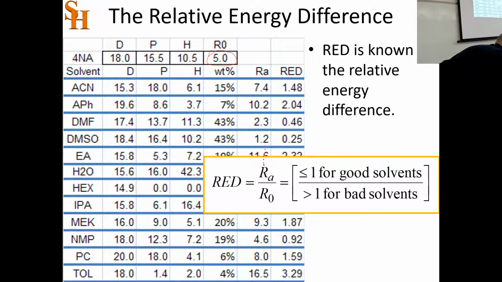But if you have a solvent that's inside the sphere, RA will be less than R0 and you have less than 1. So our little radius here is too big, because even the good solvents like ethyl acetate or toluene, no, let's see, the low, like DMSO, it's less than 1. Yeah. So 1.2 is less than 5. And so when these are less than 1, those are considered good solvents.